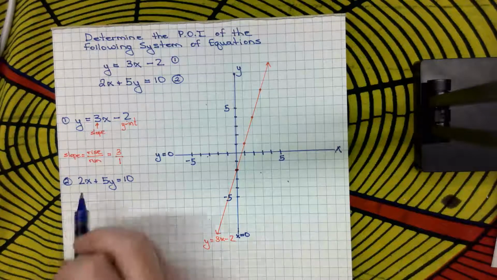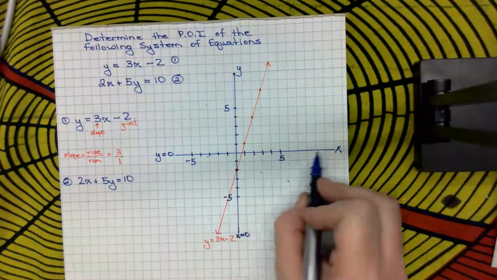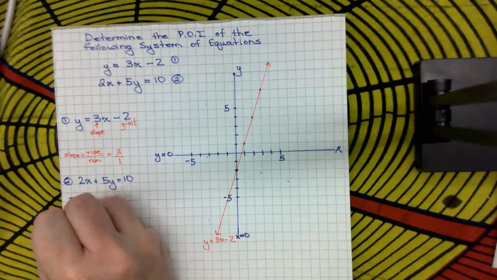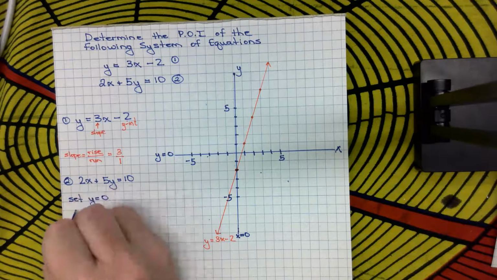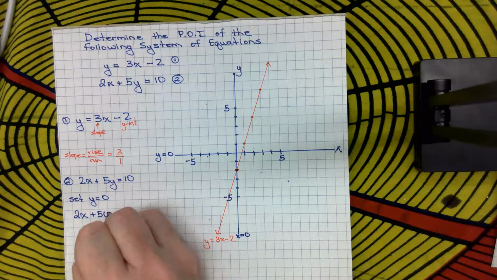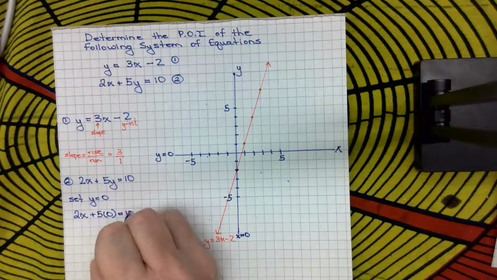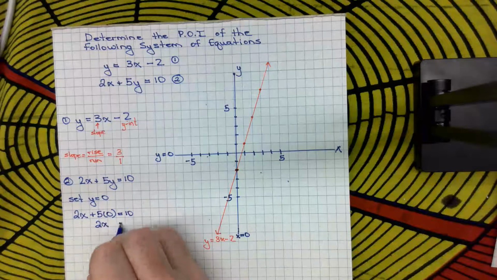First I'm going to set y equal to 0 to see where to put the dot on my x-axis. So I have 2 times x plus 5 times 0 equals 10. I end up with 2x, because 5 times nothing is nothing.